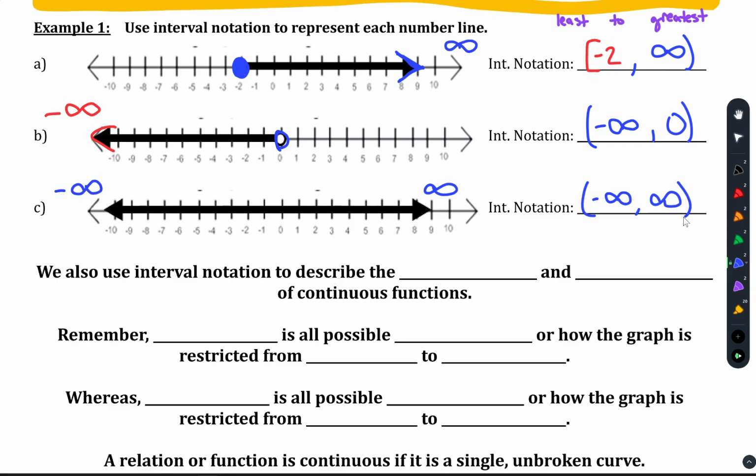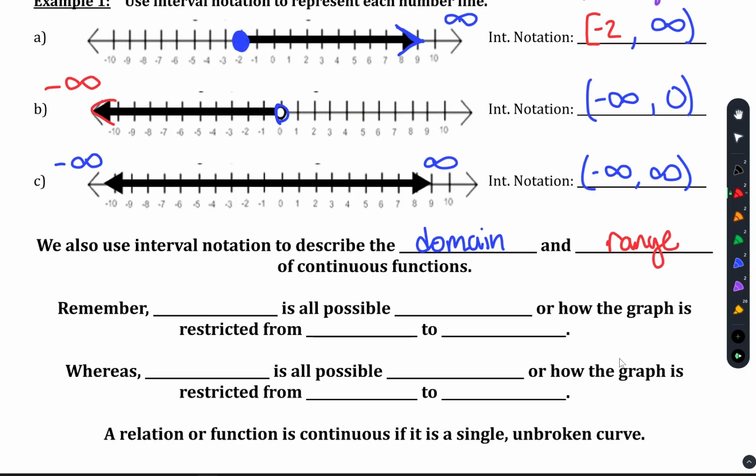What we're going to focus on is that we can also use interval notation to describe domain and range. We've talked about domain and range before, especially last unit when we talked about the parabolas. We're going to continue talking about them, not only with parabolas, but also with other kinds of shapes of graphs too.